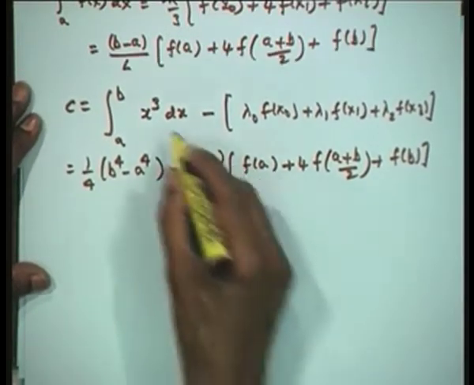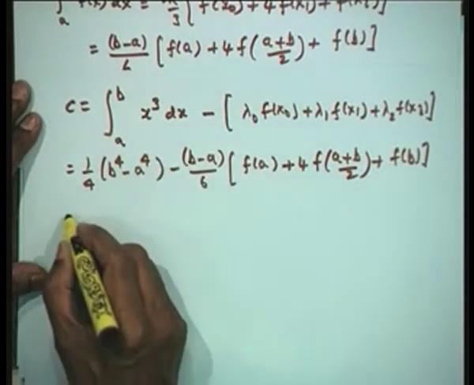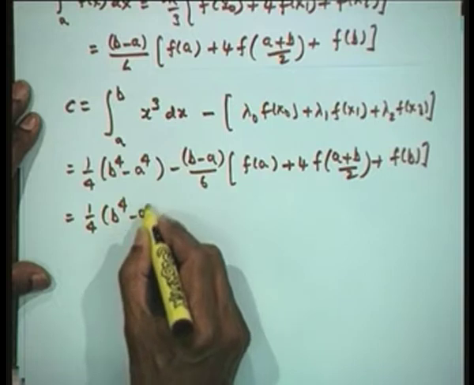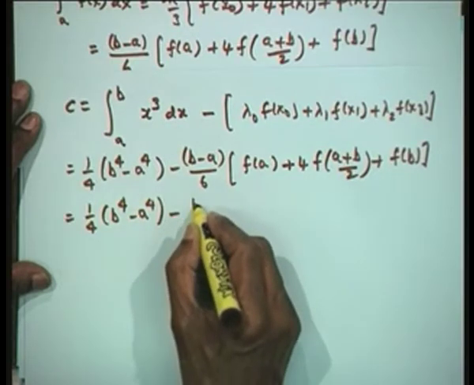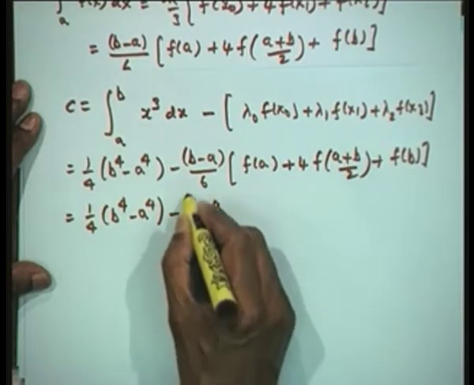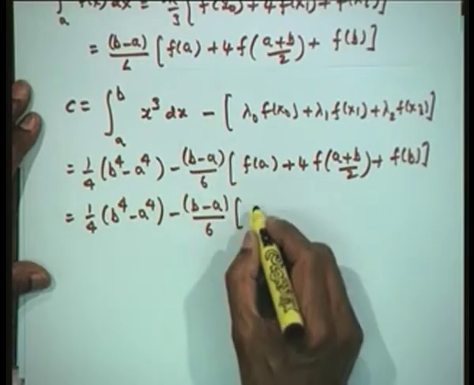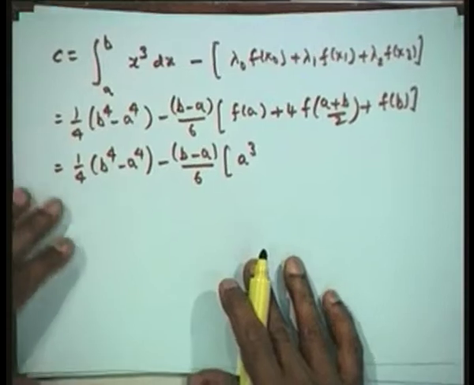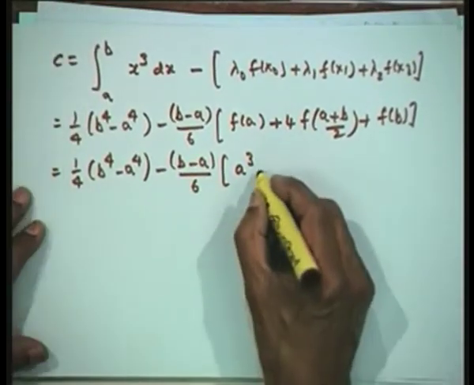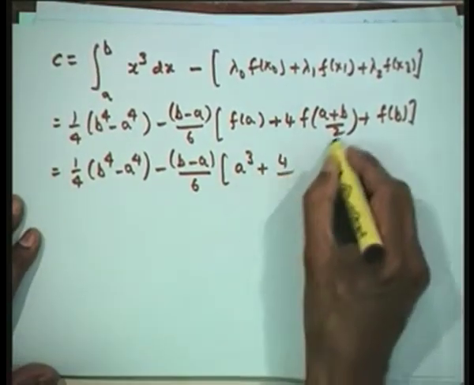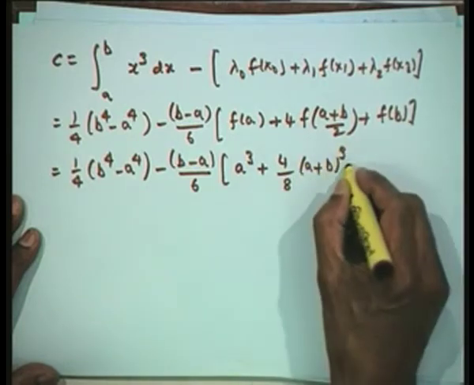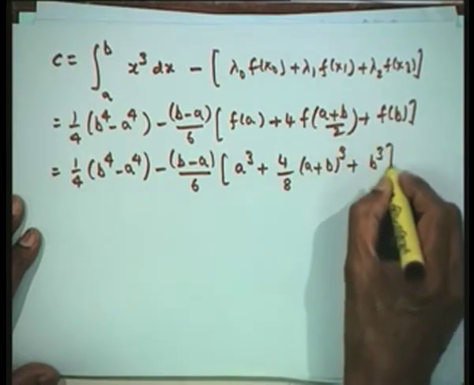So, let us put the value of f is x cubed, therefore, this is 1 upon 4 (b to the power of 4 minus a to the power of 4) minus (b minus a) by 6, f is x cubed, therefore, this is a cubed plus 4 upon 8 (a plus b) whole cubed plus b cubed.